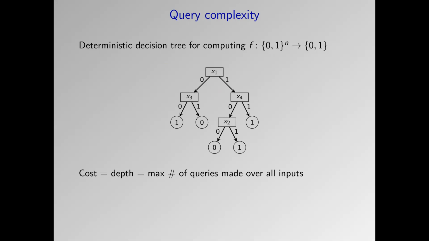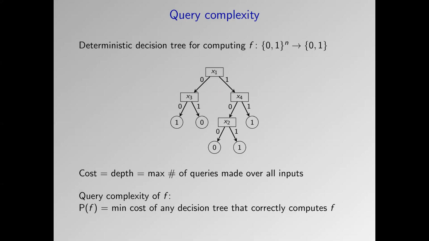The cost measure we're interested in is the depth of the tree. So if the cost is low, then no matter what input we feed it, it will make few queries. The query complexity of a function is the minimum cost over all decision trees that compute the function. We're using a slightly non-standard notation here, P of f, for the deterministic query complexity of f.